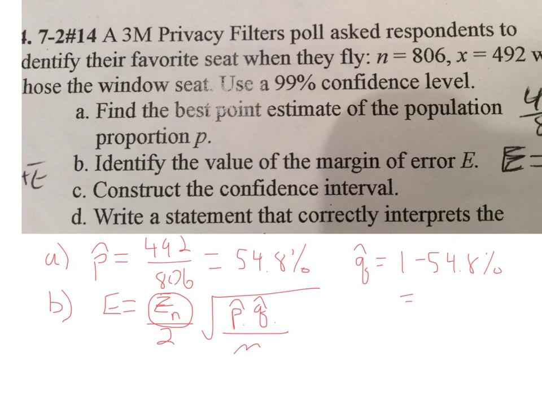And the z comes from your z chart. On the bottom of your z chart, there's a little box, and it will give you, trying to think how they word it, but I think it's 0.001, 0.005, and 0.01 or something like that.